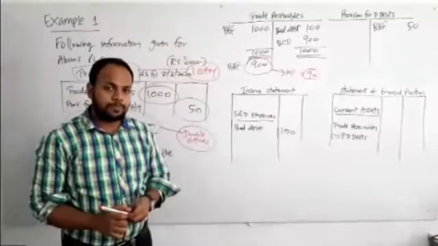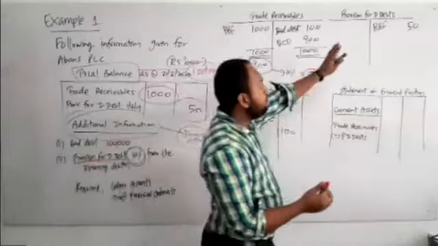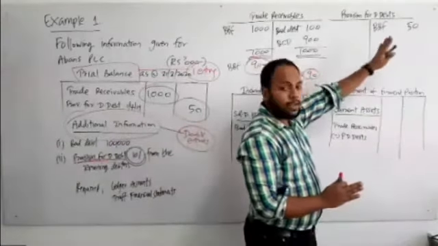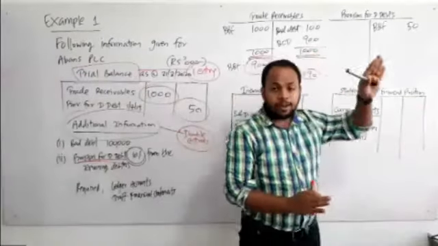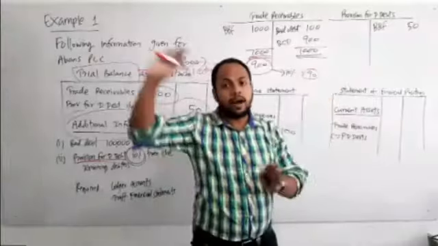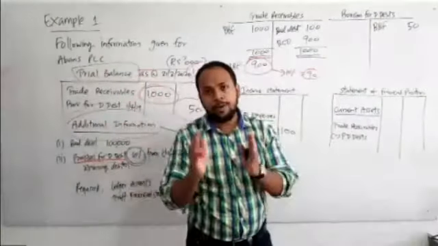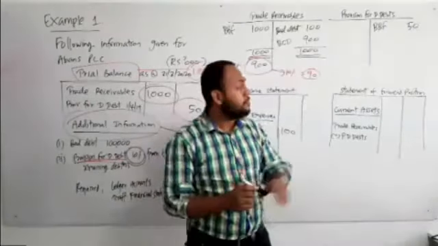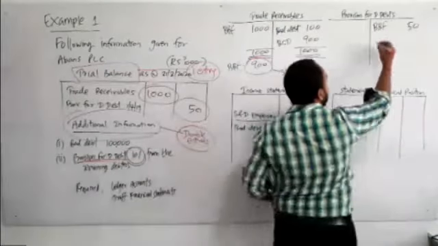So our provision for doubtful debt balance should be 90. Already 50,000 we have provided last year. Total should be 90, so 40,000 is the under provision. We have provided less.